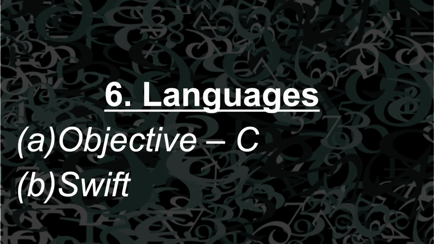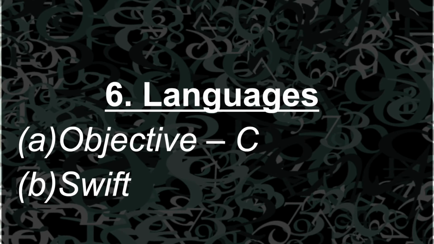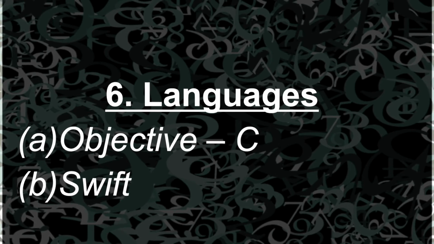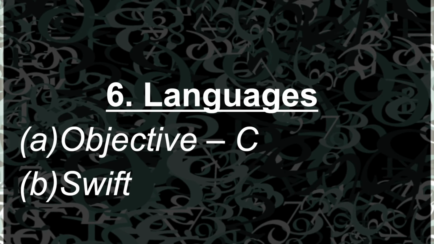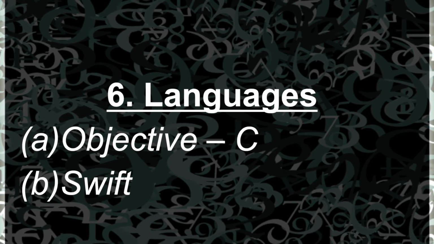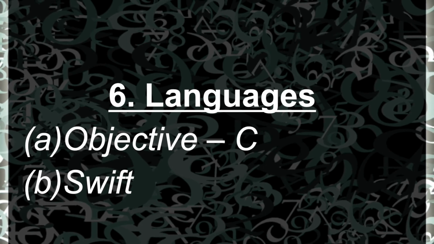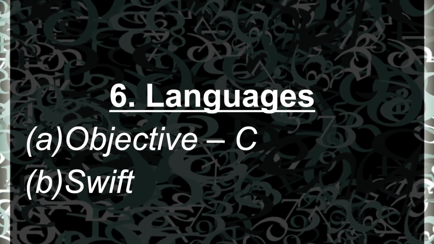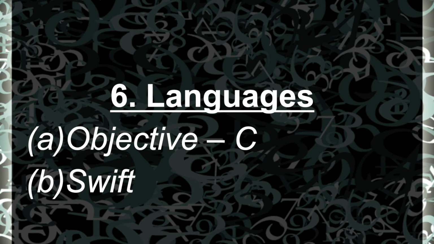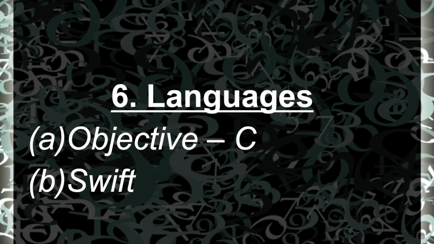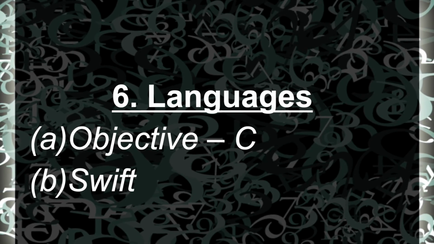Now I'm going to discuss the main languages that we use to create iOS applications. The first language that we have is Objective-C. Objective-C is a general purpose object-oriented programming language that adds Smalltalk style messaging to the C programming language.